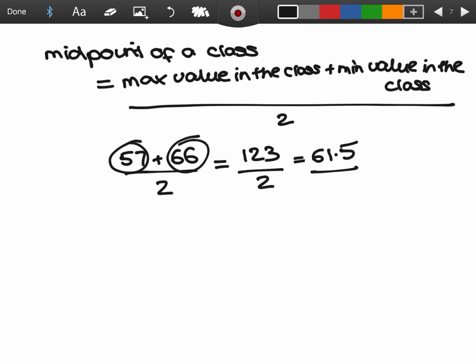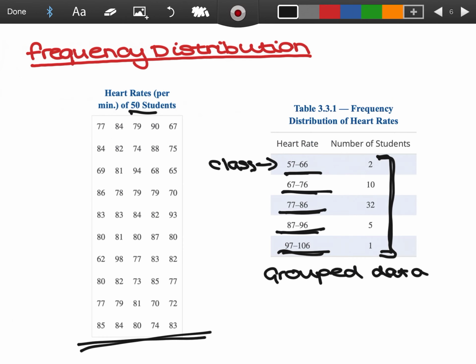The other thing that they may ask you is to find the width of the class. Now, any frequency distribution that you come across should have the same width for every single one of the classes. We'll start with that. Each one of these classes should have the same width.